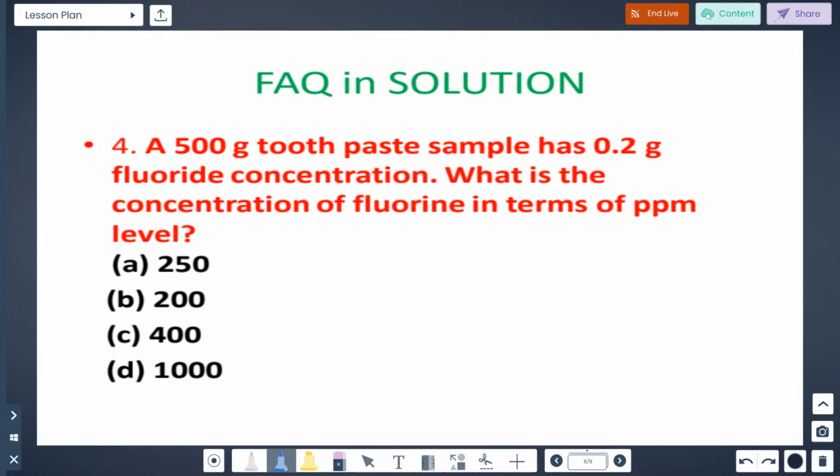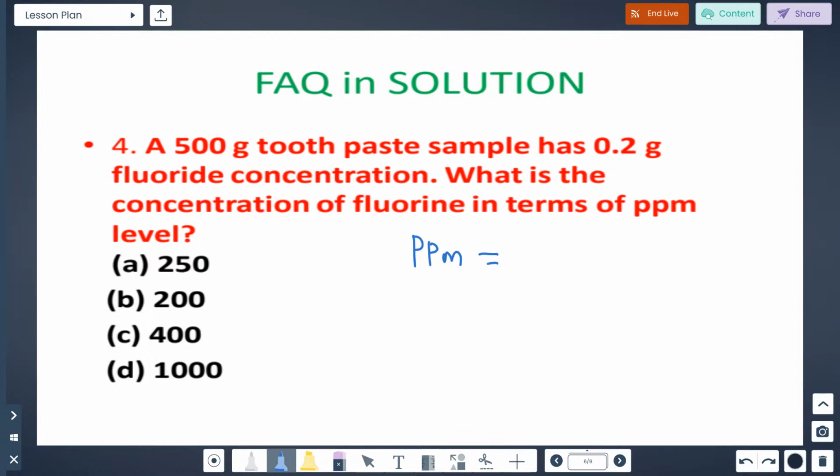Okay. This is another concept. So each and every concept, I said one problem. Simple one. This is a 500 gram toothpaste sample that has 0.2 gram fluoride concentration. What is the concentration of fluorine in terms of ppm level? Okay. You know what is ppm? ppm means parts per million.